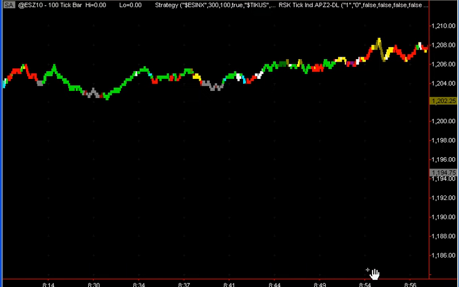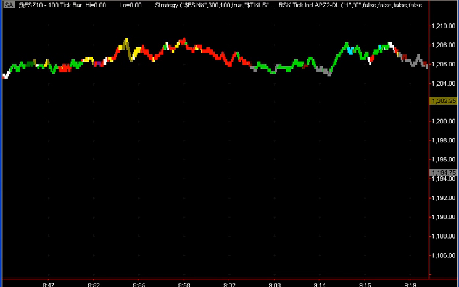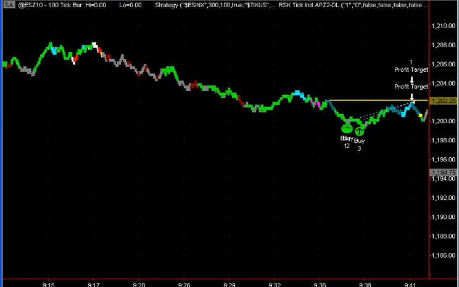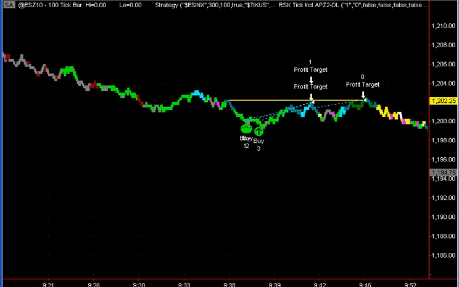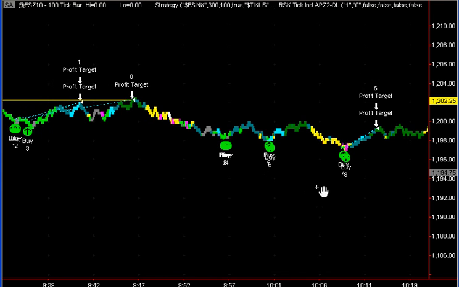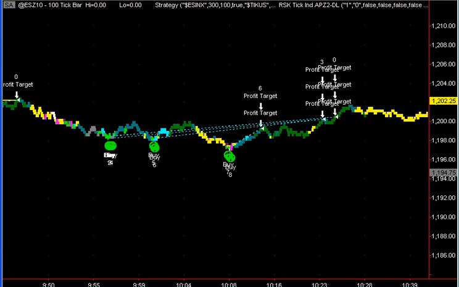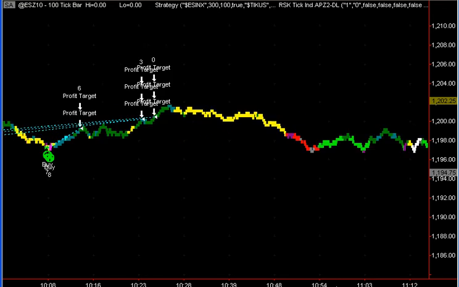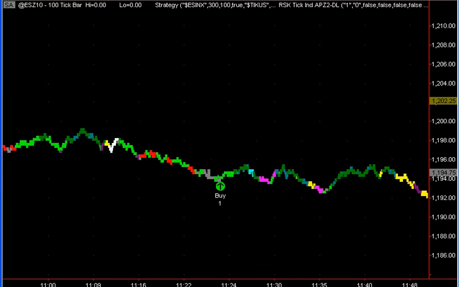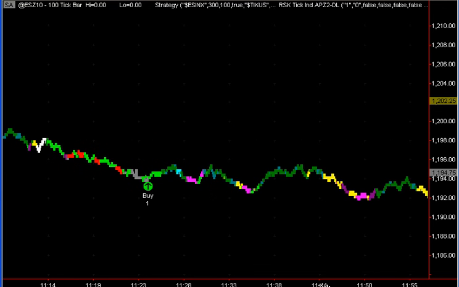We had no trades until that first dip occurs at around 9:38 here. That hits its profit target. We get a few more trades, a little bit of a drawdown. All those hit their profit target going into 10:30. Then we had that secondary drawdown, secondary short, and we get this long trade here.